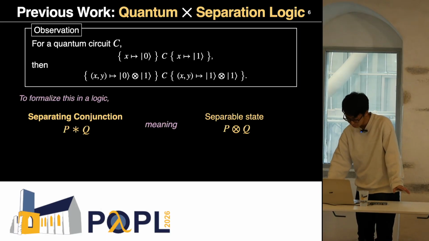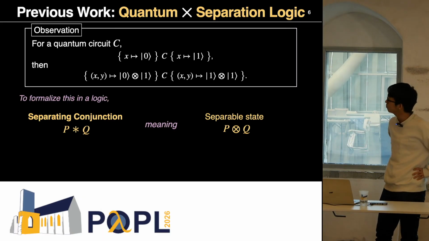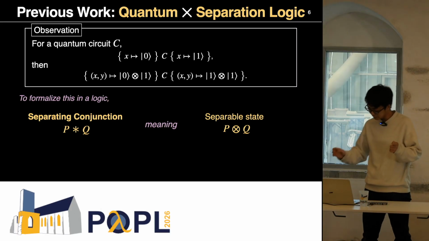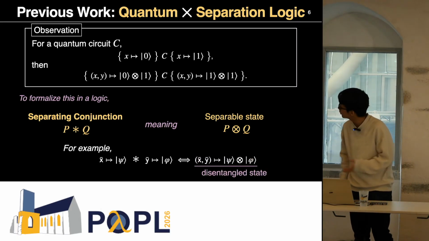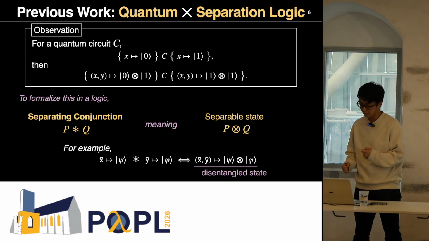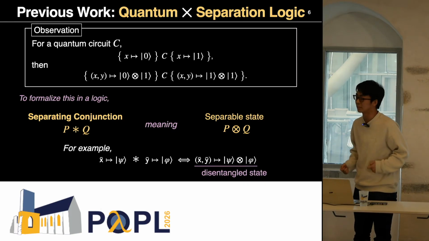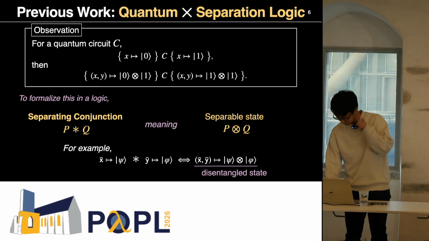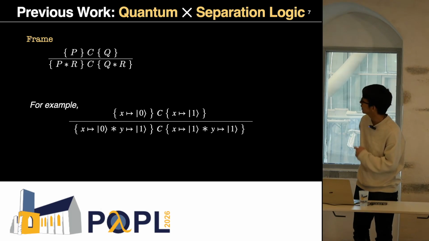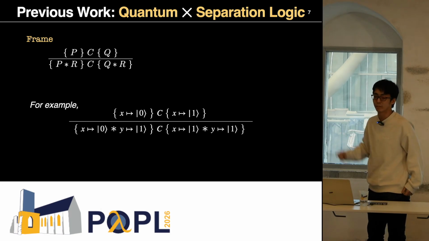To do this, separation logic introduces something called the separating conjunction that can represent a disentangled state. If you write psi separating conjunction phi, this represents a disentangled state like this. To realize this reasoning, they introduced the frame rule, and we can do the same thing as we wanted.